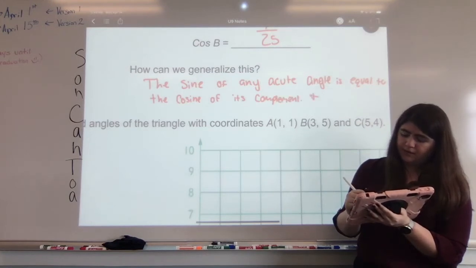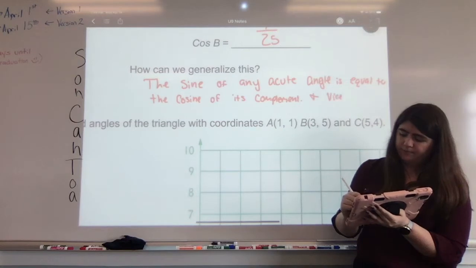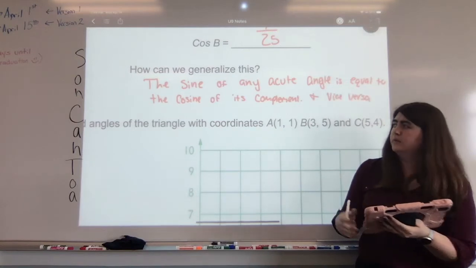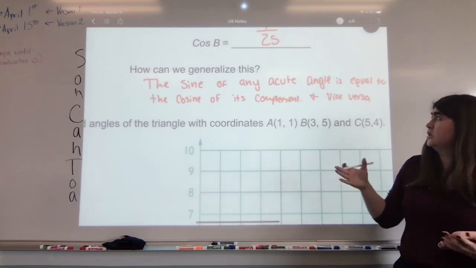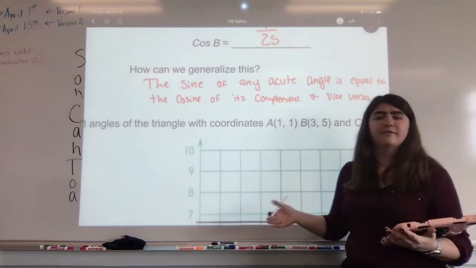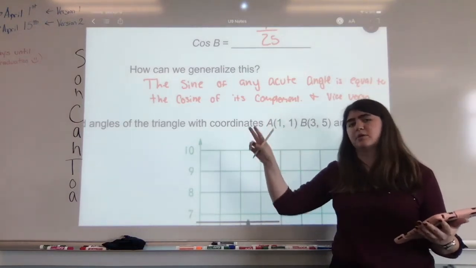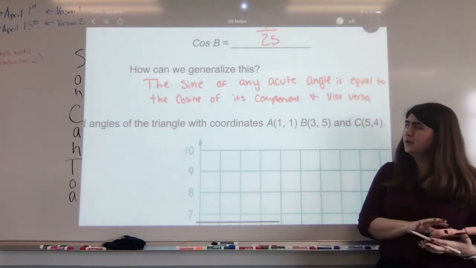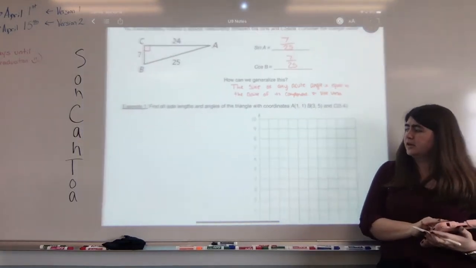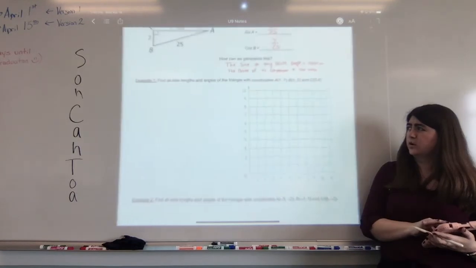And vice versa as well. Meaning the cosine of any acute angle is equal to the sine of its complement. So it's the same thing. You can flip the sine and cosine around.